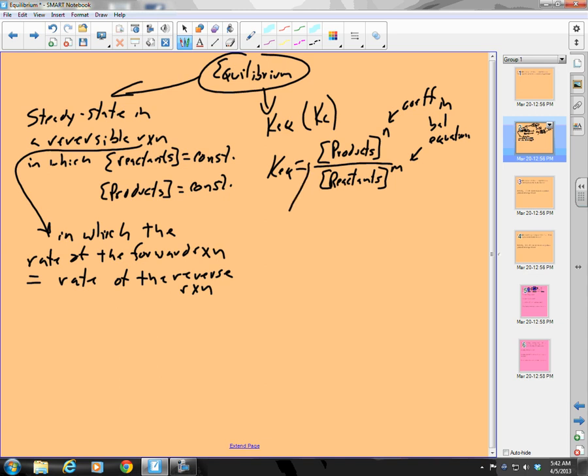And when we're putting this together, this only applies for things that are aqueous and gases. It does not apply for liquids or solids. We don't put those into our KEQ. Now later, you'll learn that there's also something called a KP, but for us, KEQ is fine.